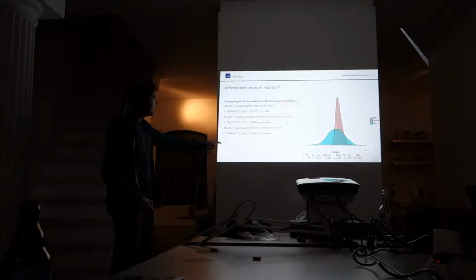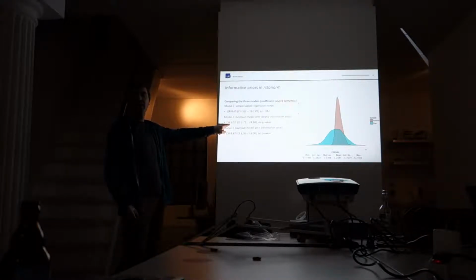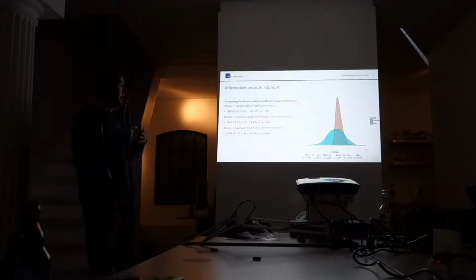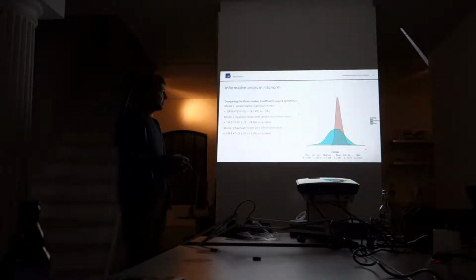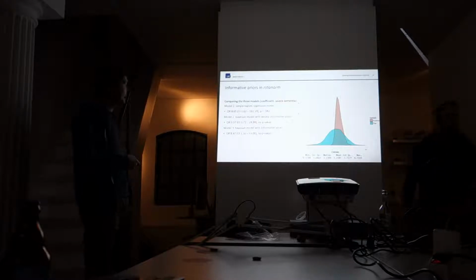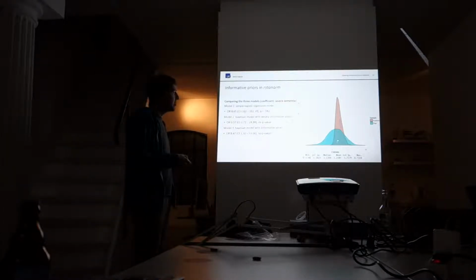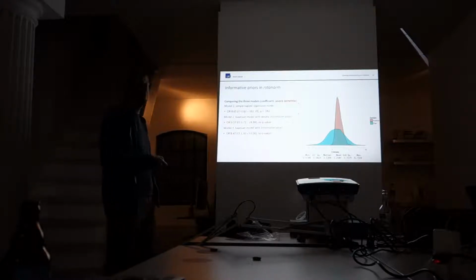And it's not surprising that this odds ratio is larger again, because in the first case we had prior information which assumed no effect, so a location around 0 for our log odds, and in this model here we have assumed a location of our prior around 2 and 3.5.